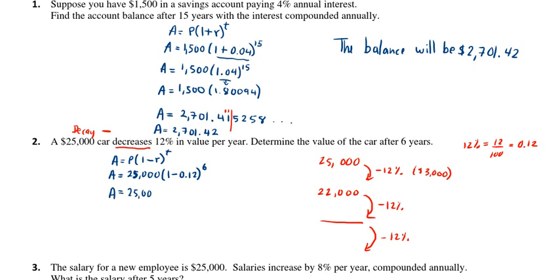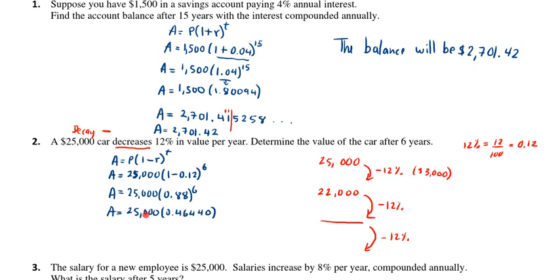So $25,000 times 0.88 raised to the 6th power. I'm going to raise 0.88 to the 6th power. This is 0.46440, keeping 5 digits after the decimal point.